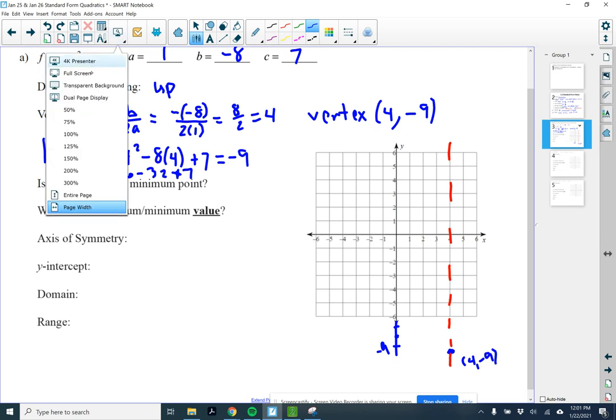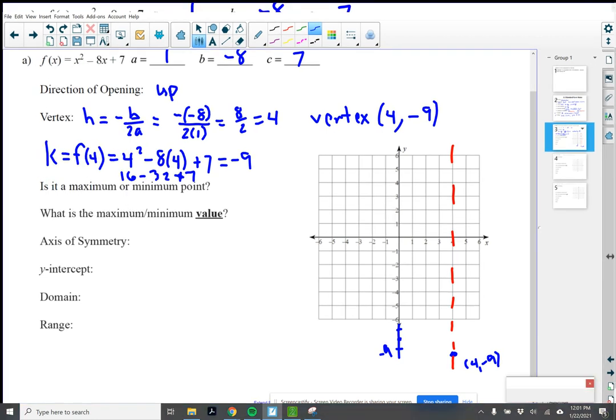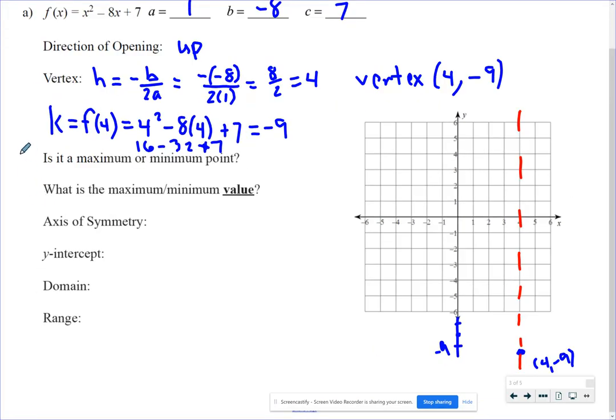Is the vertex a maximum point or a minimum point? It is going to be a minimum point because my graph is opening upward. So we get a low point. Minimum point at the vertex. What is the maximum or minimum value? The minimum value is the y value. Okay. That minimum value is -9.